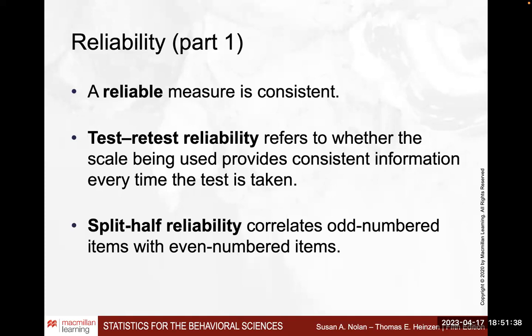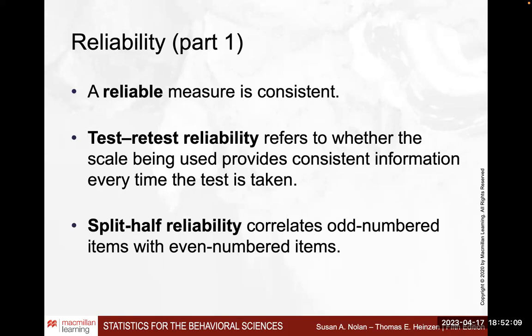Then you have the split half reliability. Let's say you have a questionnaire with 100 questions that quantifies one outcome. That means that each item in that questionnaire needs to point towards the same outcome, right? One way to test for this is to take the odd numbered questions and the even numbered questions, and then correlate the outcomes.